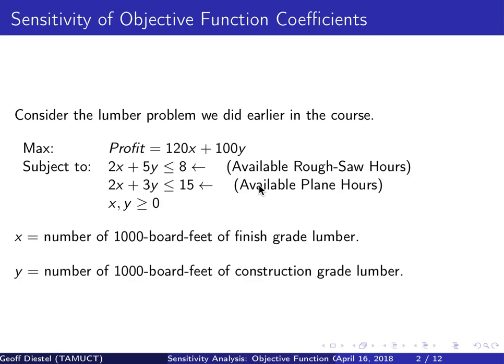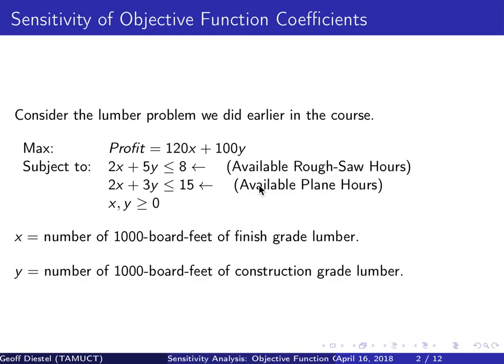And these are tied to their employees, what employees they have trained to do those things. So there's limited numbers of hours they have for each of those resources. And each type of lumber requires a certain amount of each of those resources to process.